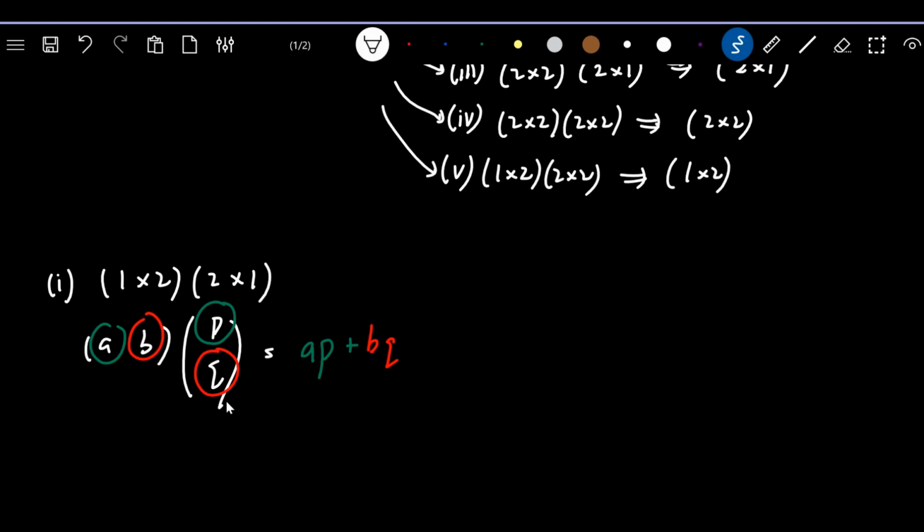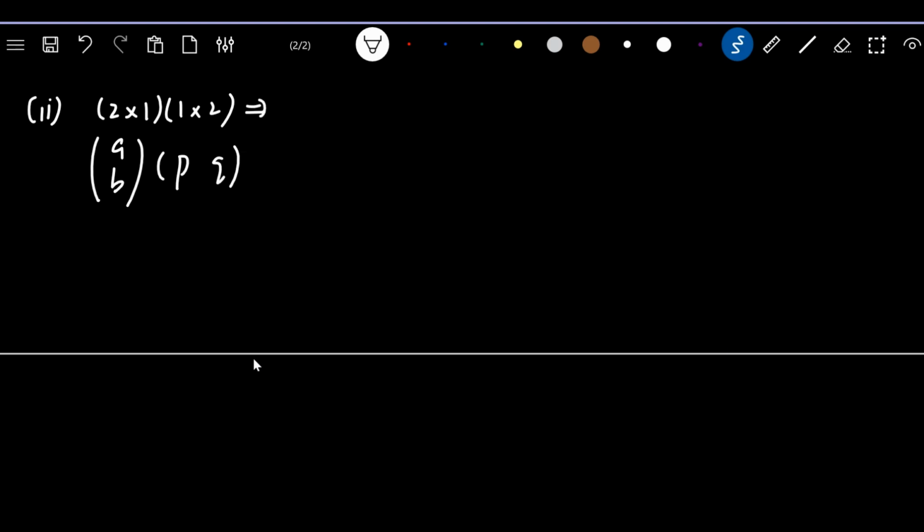Okay, we will look at the 2 times 1 matrix times the 1 times 2 matrix. We will look at this arbitrary example, AB times PQ. As you know, this one will give back a 2 times 2 matrix. So now we will start the multiplication.